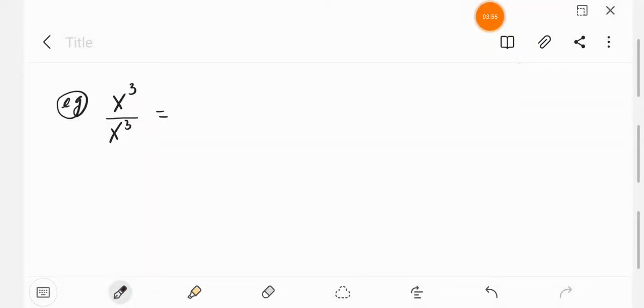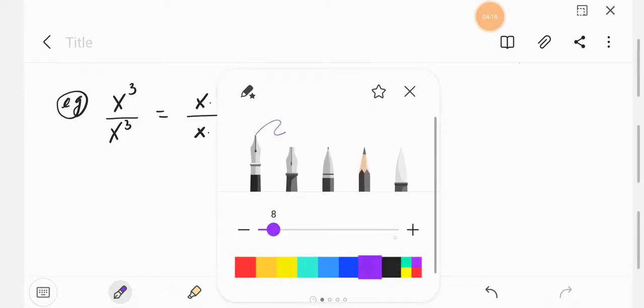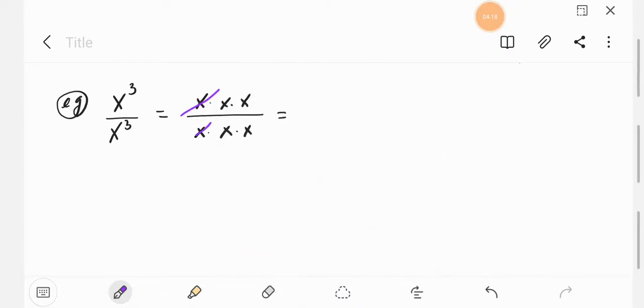Okay, then how about dividing exponential forms which have the same exponents? So x cubed means x is multiplied 3 times, and the divisor is also the same, x times x times x. Then we can get rid of each x from the numerator and denominator, so it becomes 1 over 1, which is 1, right?